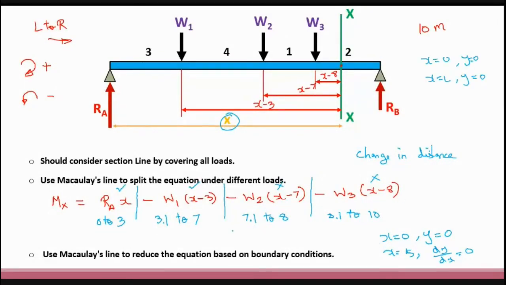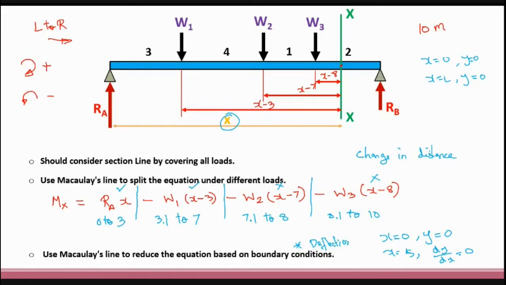This is also applicable to identify your deflection. For example, I want the deflection at 6 meter. In that case, what is the equation I have to consider based on the same procedure we follow? It is also applicable for deflection.